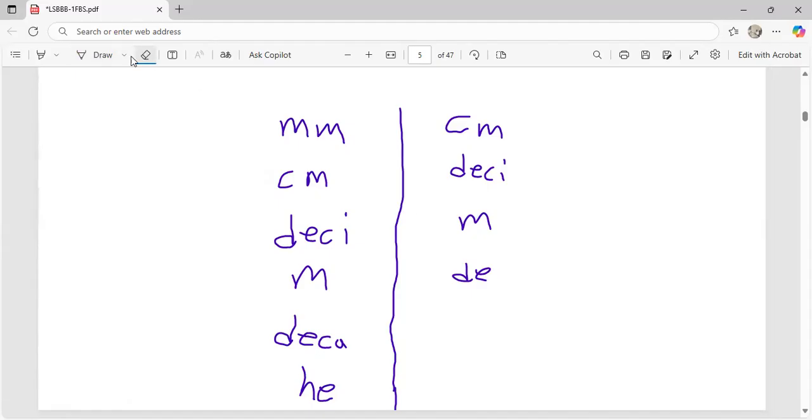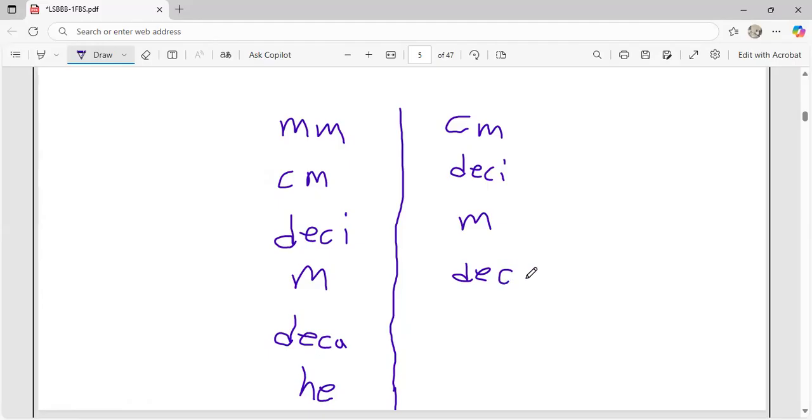It's just a simple table. It's at the back of some of your exercise books. If you have a very good exercise book and you look at the back, they put in some of these measurements over there. So you just have to master them so that you don't find yourself wanting.